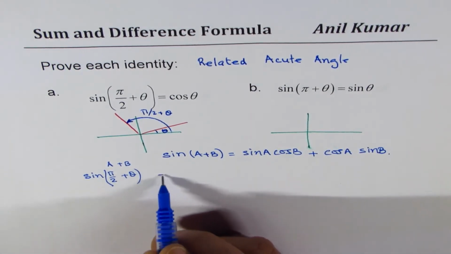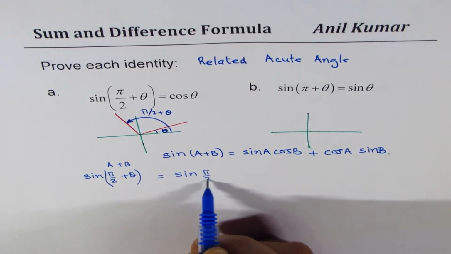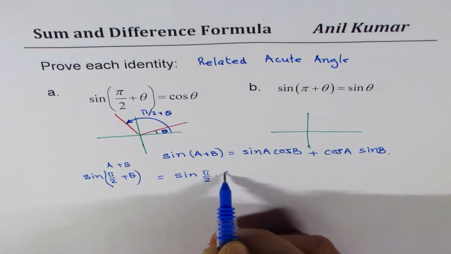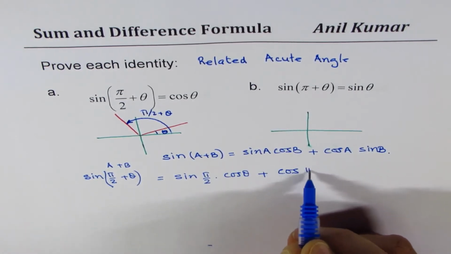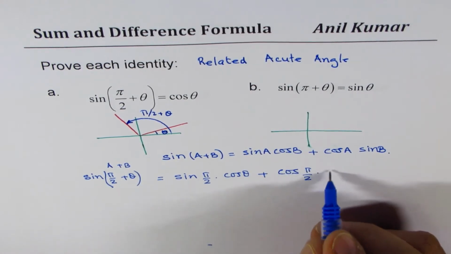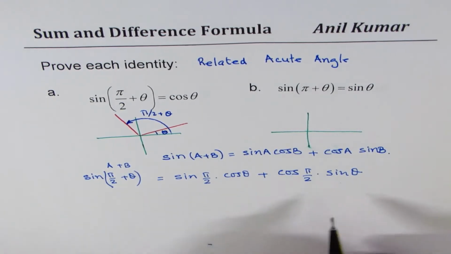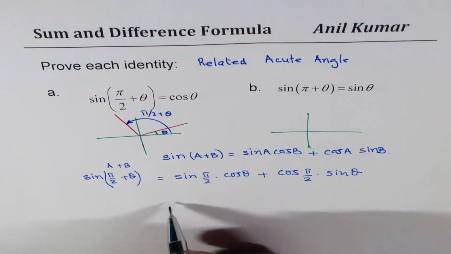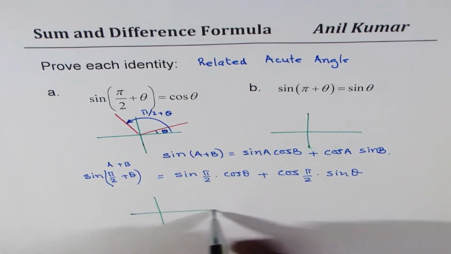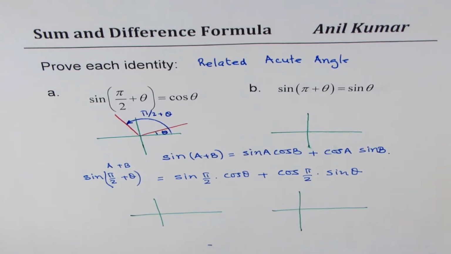So what we get here is sine pi by 2 cos theta plus cos pi by 2 sine theta, correct? To find the values of sine theta and cos theta, you normally know them, but in case you want to just relate it, I will prefer to use the graph for both these functions.